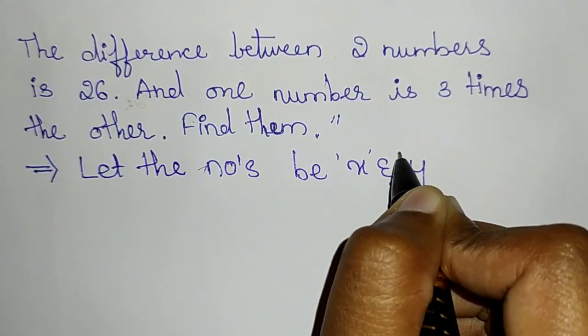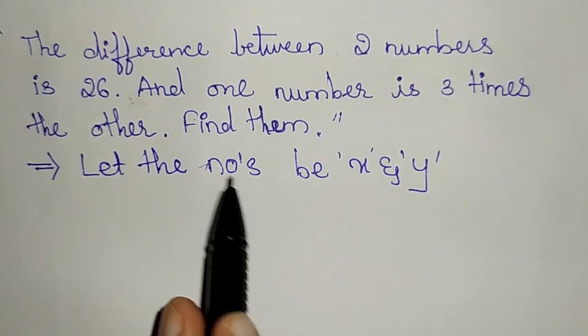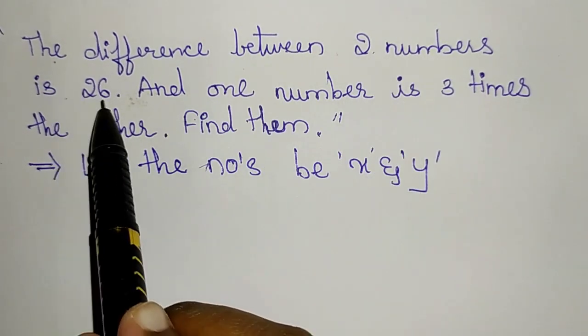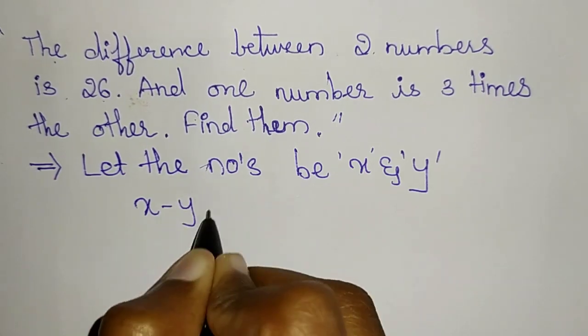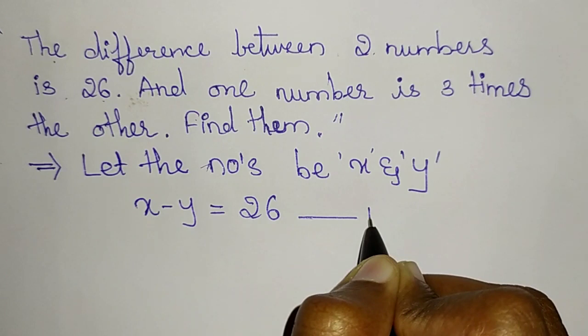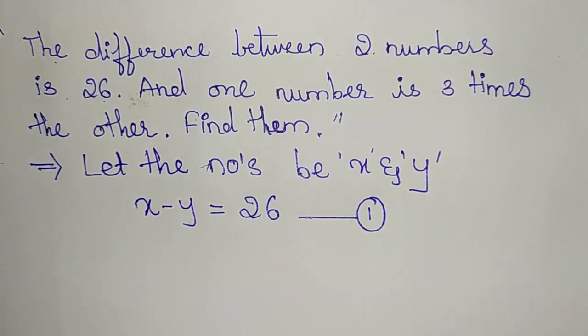Since the numbers are different, I can represent them with two variables, x and y. What is the first thing that is given? The difference between two numbers is 26. So this implies x minus y is equal to 26. This is our first linear equation in two variables.